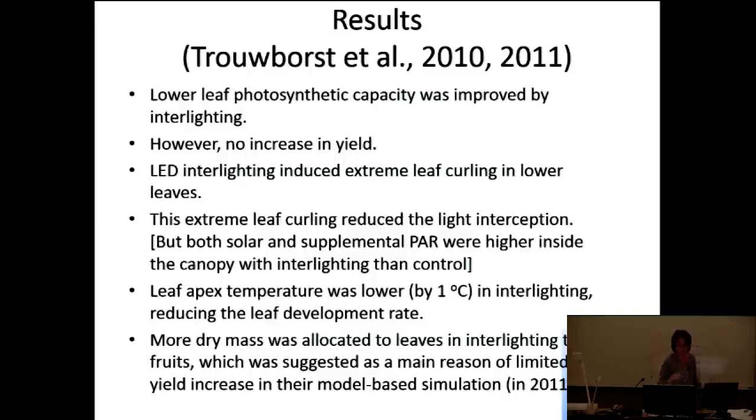That may have affected temperature-driven development, particularly leaf development. Remember, leaf development is a function of temperature. If you have a higher temperature, you have more new leaves coming up quicker. So that might be one explanation, in addition to the carbon allocation point.